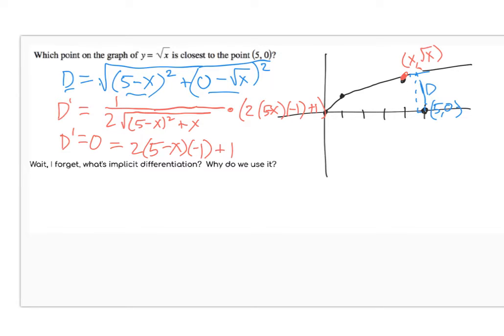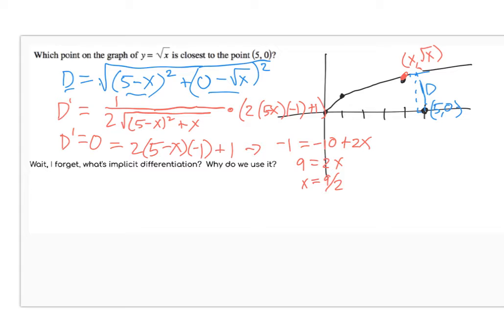I'm going to move the 1 to the other side, so we get negative 1. And then on this side, we've got negative 10 plus 2x. That's going to give us 9 is equal to 2x, and x equals 9 over 2. Okay, that looks like a pretty good guess for this point.